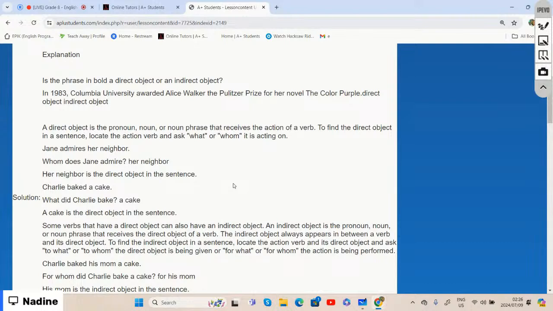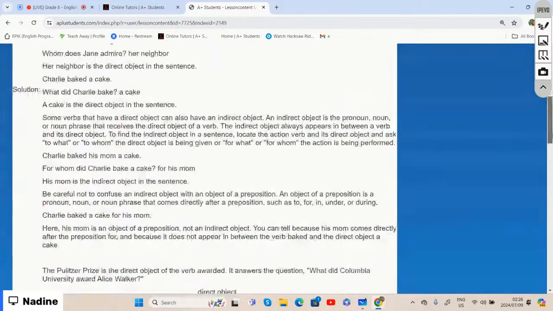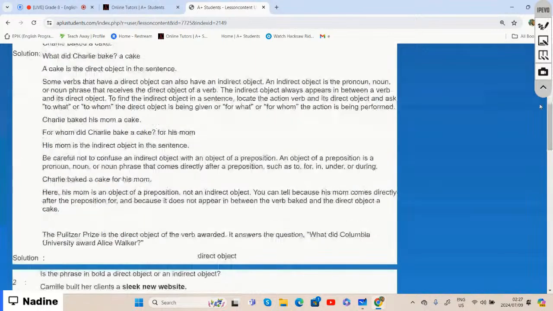And then also we have an indirect object. Some of the verbs that have a direct object also have an indirect object. An indirect object is a pronoun, noun, or noun phrase that receives the direct object of the verb.